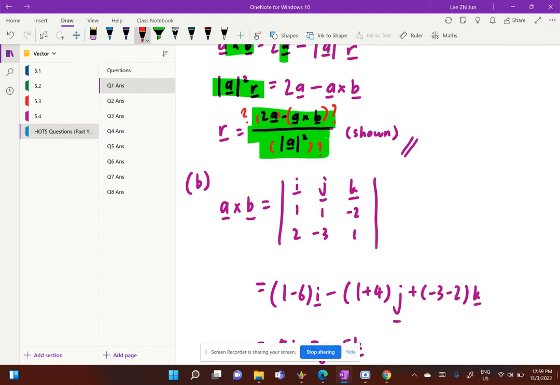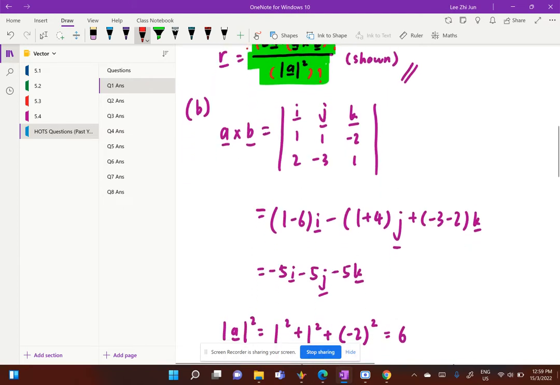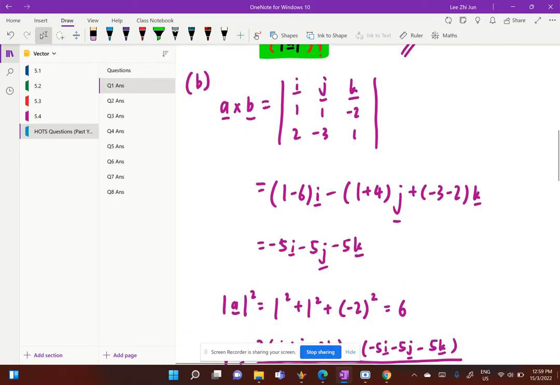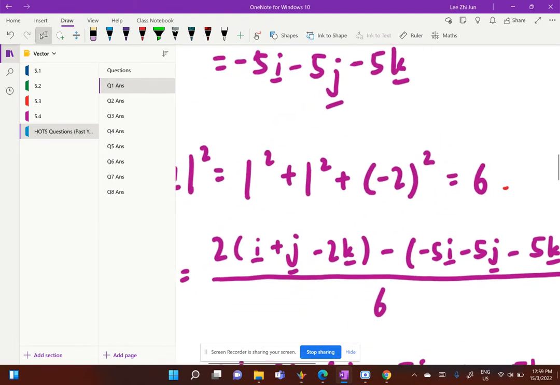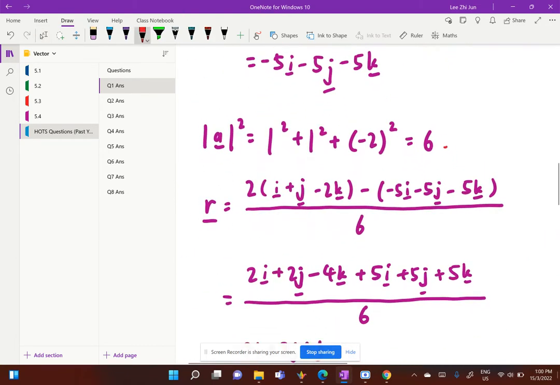So I need to find three things and then combine. A cross B, I use the matrix form, so it will be negative 5i minus 5j minus 5k. And A squared will be 6. No need to put the third. The 2A will be 2i plus 2j minus 4k.